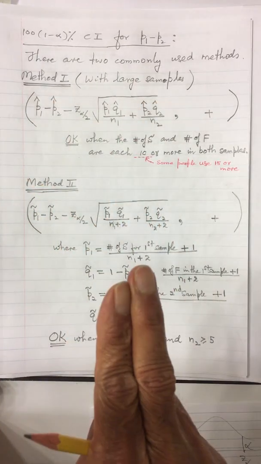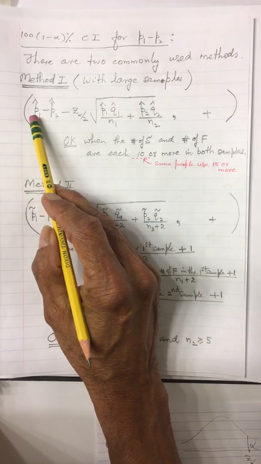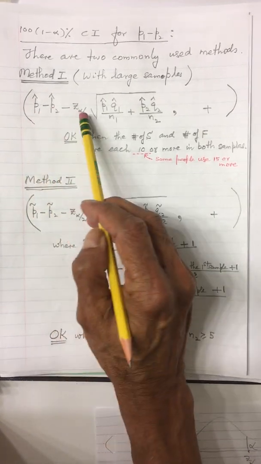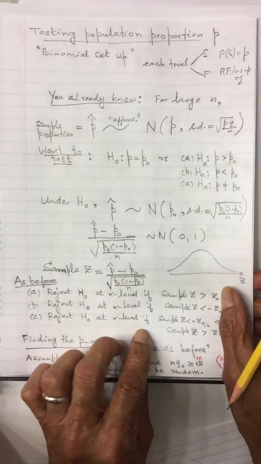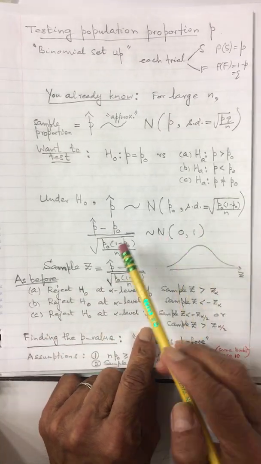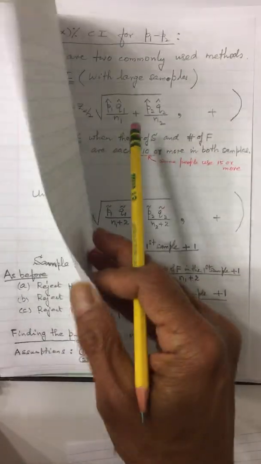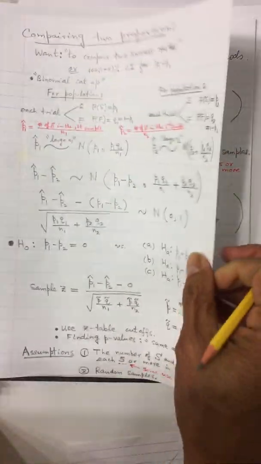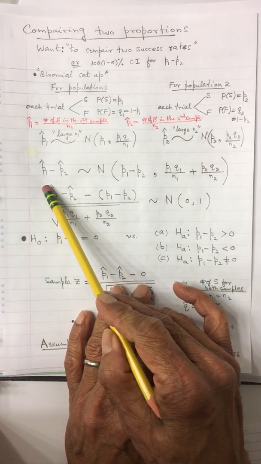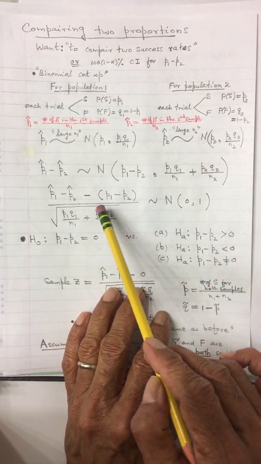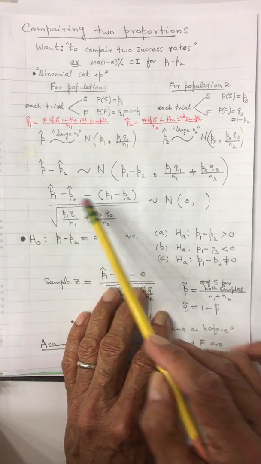So here you have two samples. So that's P1 hat minus P2 hat, the Z table value. You might want to compare with this, you need to look right here. So this thing, the Z table value times this part, okay?